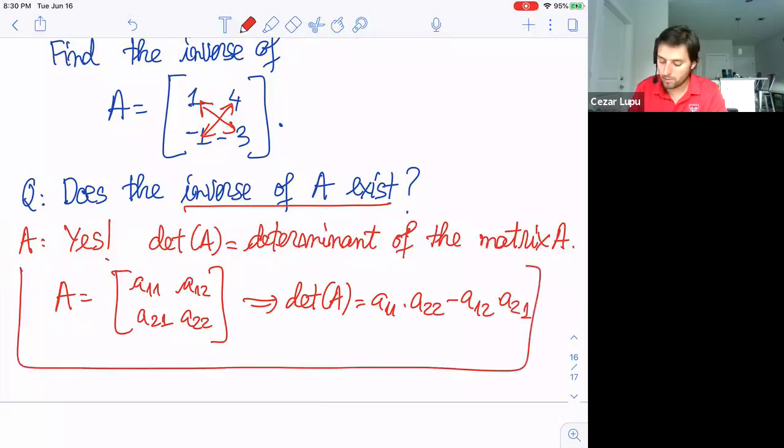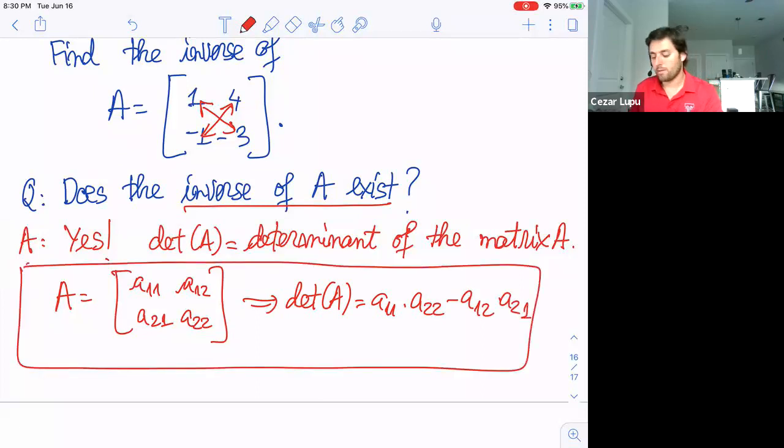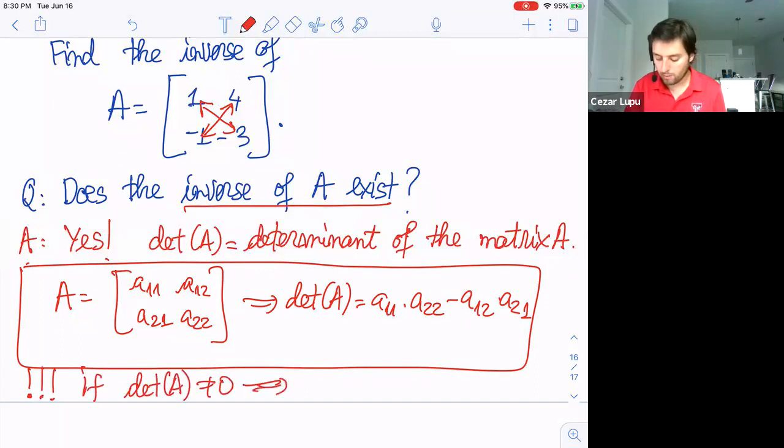So that's the determinant. If this number, so this is a number, is different than 0, then I can infer that A is invertible.